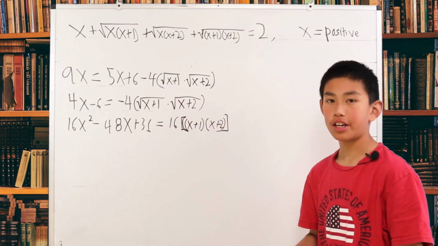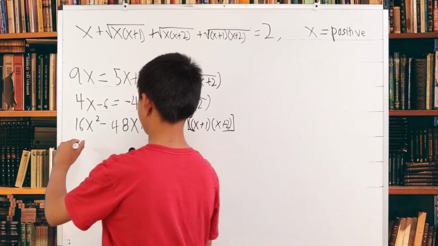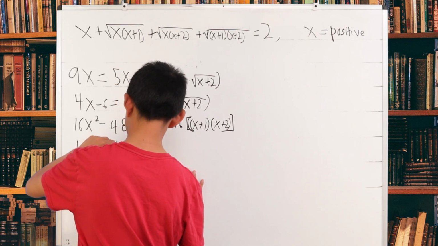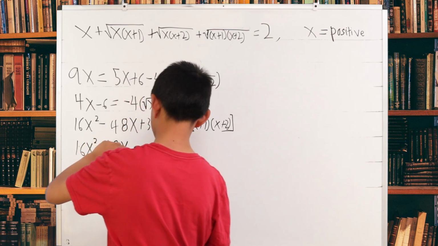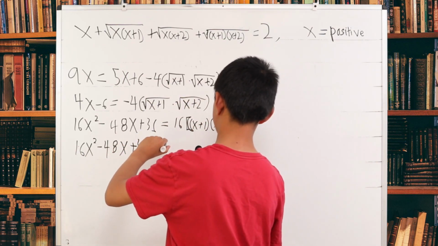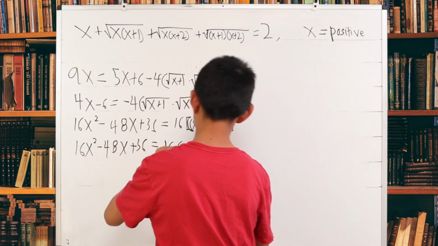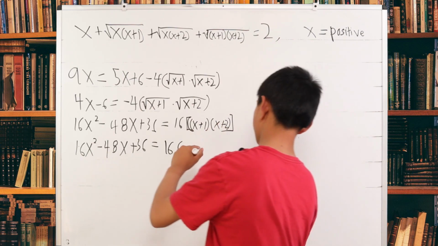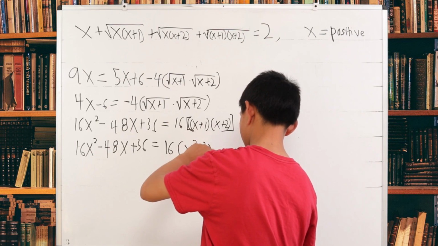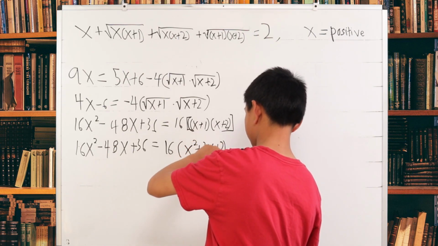Alright, now we can actually solve it. So it stays the same, 16x squared minus 48x plus 36 is equal to 16 times x plus 1 times x plus 2, which is x squared plus 3x plus 2.